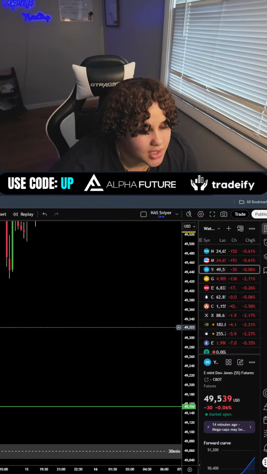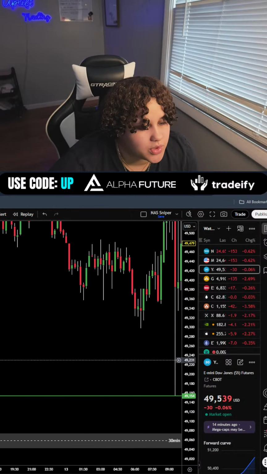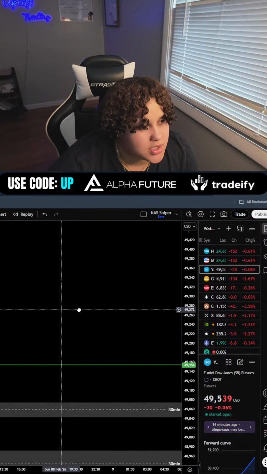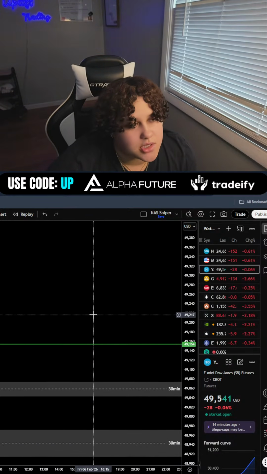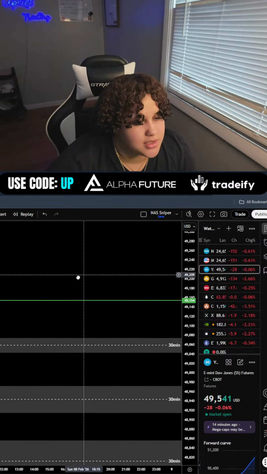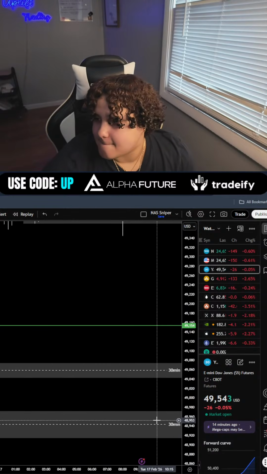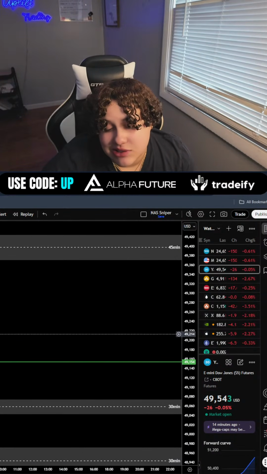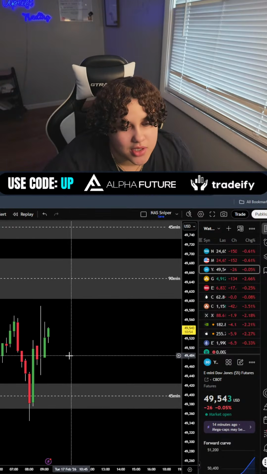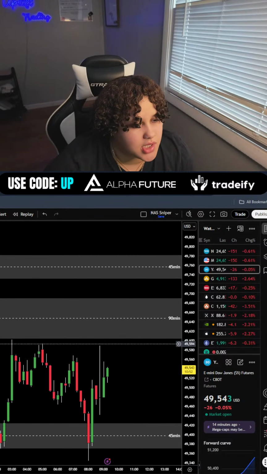Damn, this wick is nasty here. This 9:30 wick. Trying to see where it really bounced off from. Could just be support and resistance. Slow activity today. I don't know. I could see the market being volatile today.